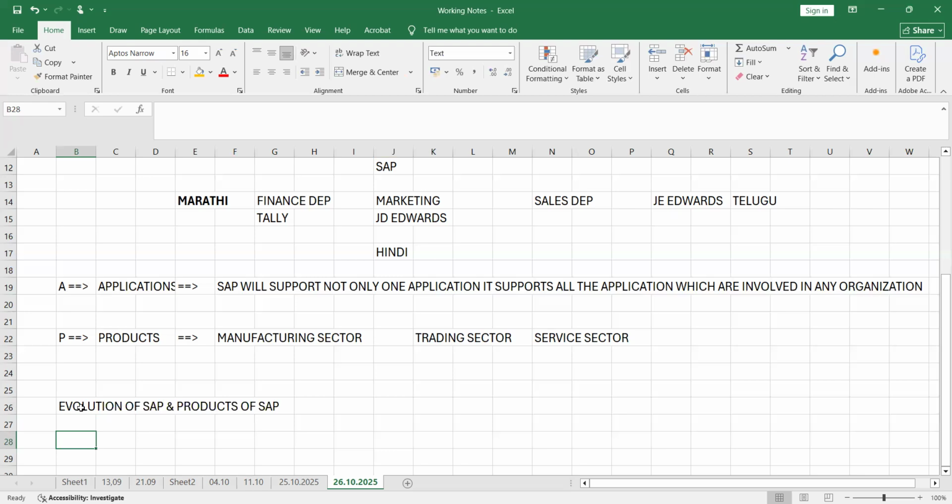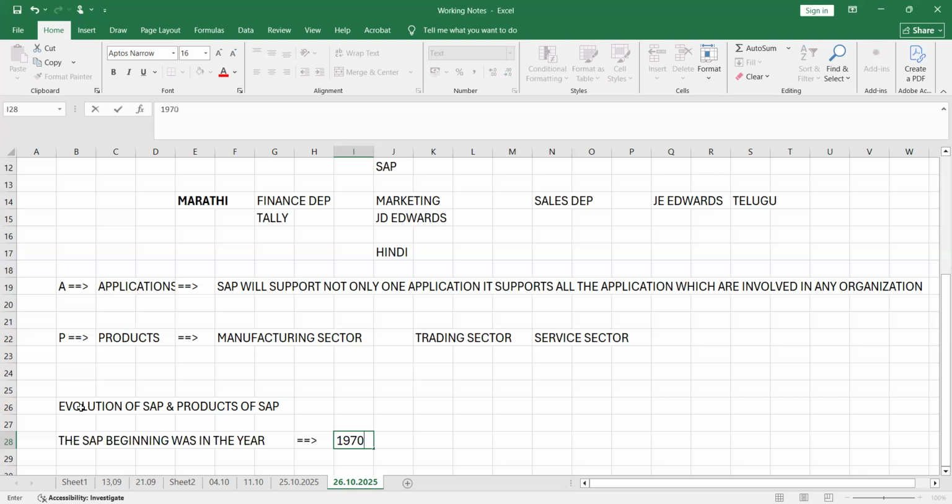Okay. So the beginning started in the year, the SAP beginning means starting by IBM. The beginning was in the year 1970, I can say.